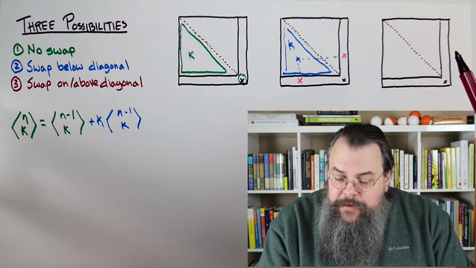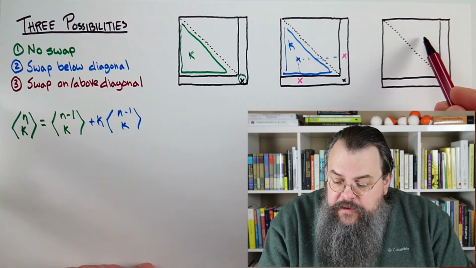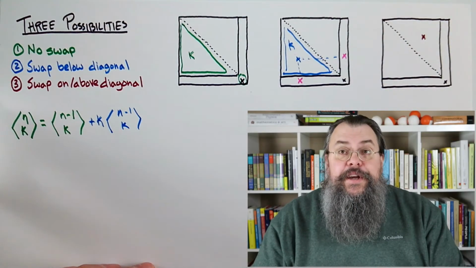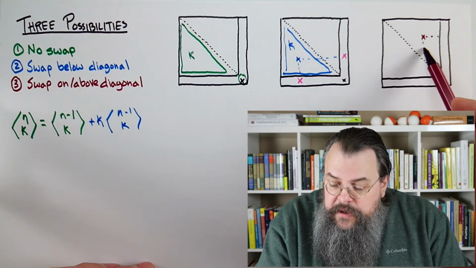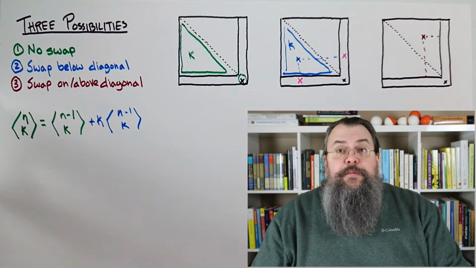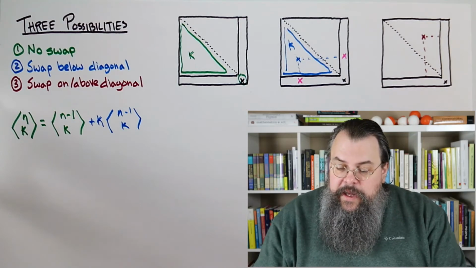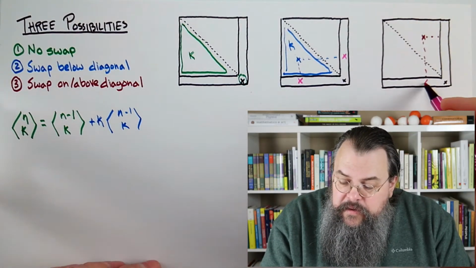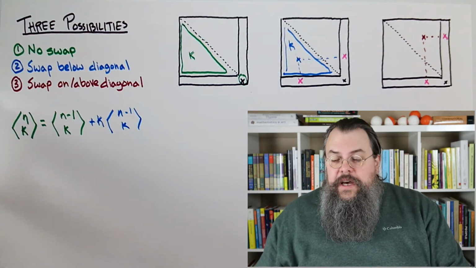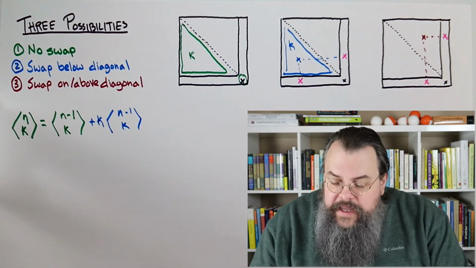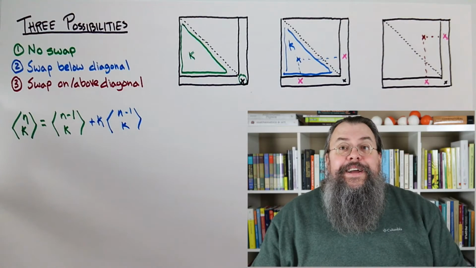Okay, one more case, and that's what if we do something that's on or above the diagonal? Okay, so, well, what's that going to be? So suppose I take a rook up here. All right, and we do the swap, and what happens? Well, what happens is something a little different this time. Notice that we gain one rook below the diagonal.